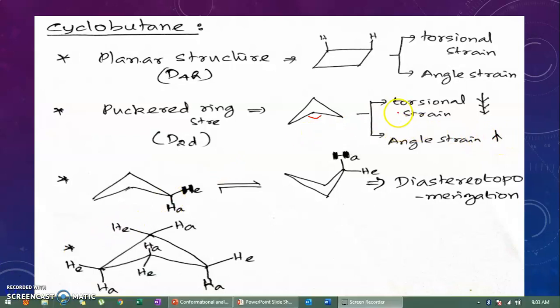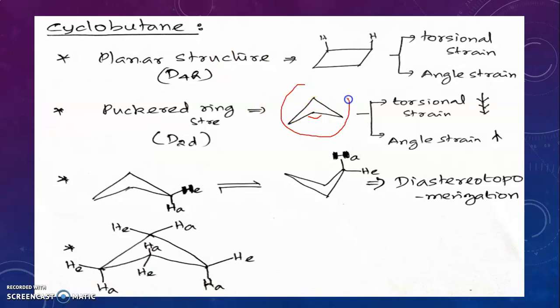But if you compare the decrease in torsional strain and the increase in angle strain, the decrease in torsional strain is very high. Therefore, the stability of the puckered ring form is more compared to the planar structure. So cyclobutane exists in the puckered ring form, also called the butterfly form, or butterfly shape.